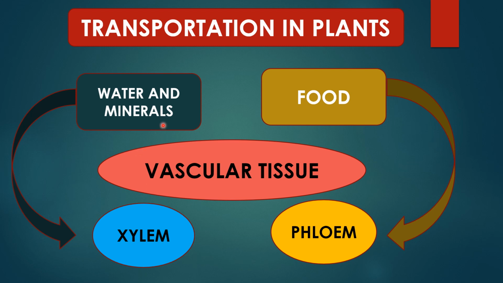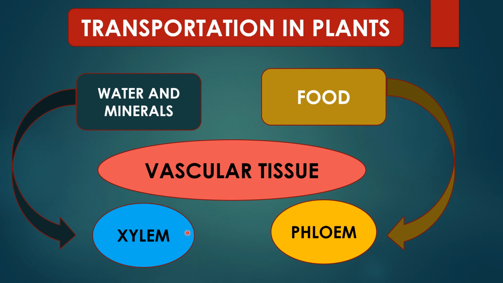Plants take out water and minerals from the soil. The tips of the roots absorb water and minerals from the soil, and with the help of xylem tissue, it sends the water and minerals to the leaves.